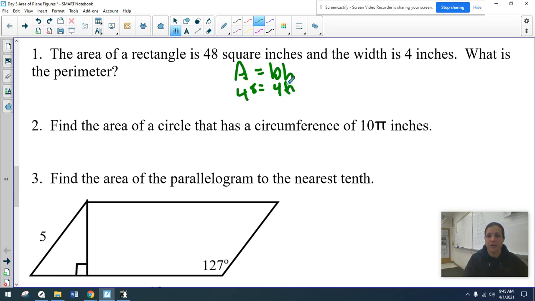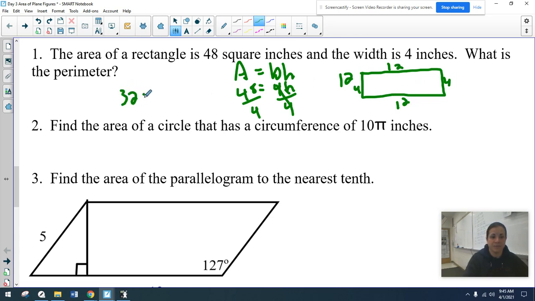So if I've got the width, I need to find the length. So if I divide by 4, it's going to give me 12. So think of it like this. You've got the width is 4, the length is 12. So if they ask me for perimeter, add them all up. So this is 8, 20, 32. And if it's perimeter, it's just regular old inches. Area is the one that has squared inches or inches squared.